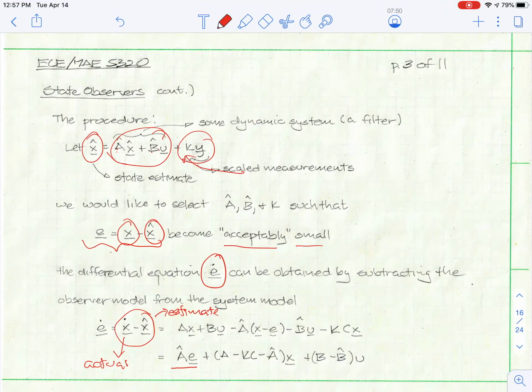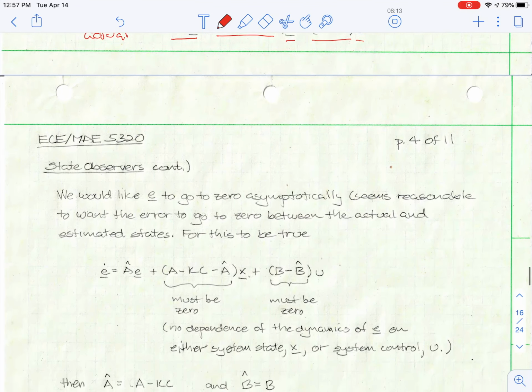I end up with this: I've got A hat e, and I've got this strange looking term times x. This is just collecting all of the terms that multiply the vector x. And then I've got this multiplying the vector u. This is just combining my estimator with my system. Okay, and I end up with that equation.